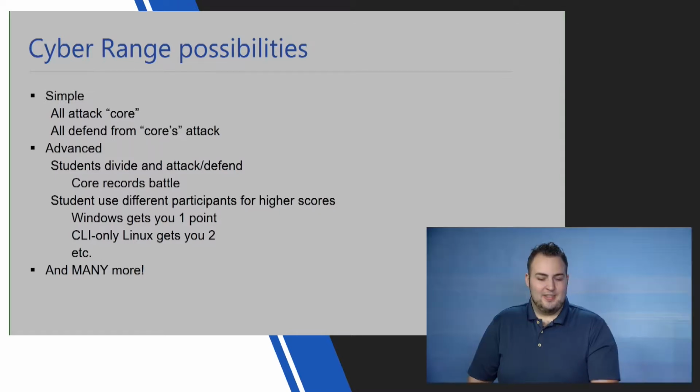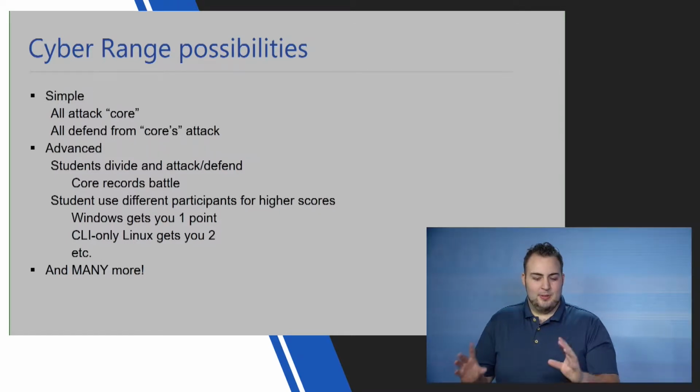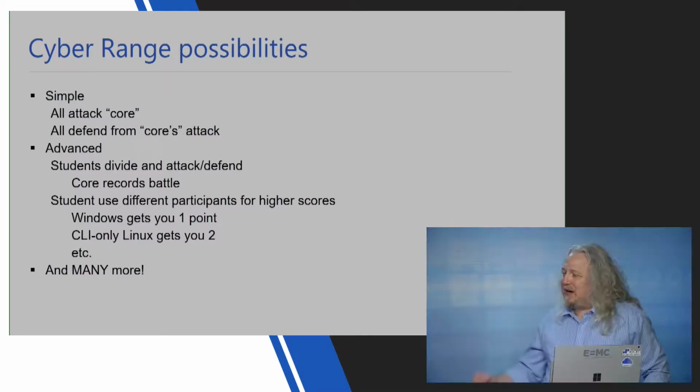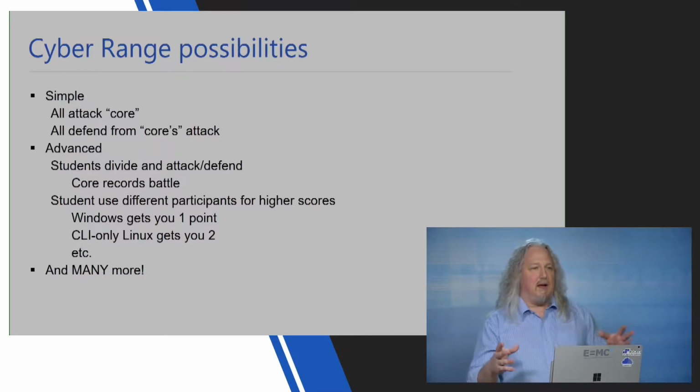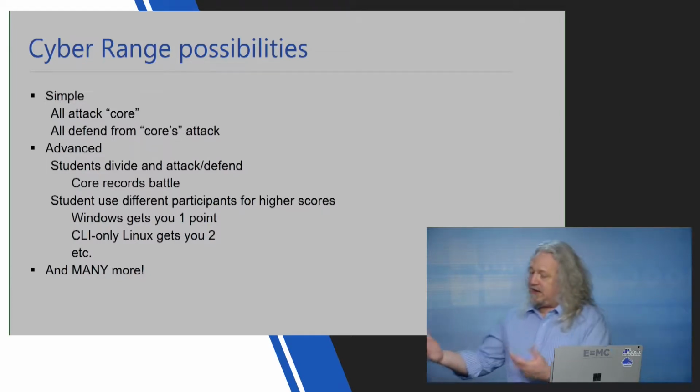Oh, Brian, real quick on that note, so we can have a red and a blue team, but what if we wanted to have a third team, like a green team? Can we do that? Absolutely. You can have as many different kinds of participants. So let's give an example. You could do a Windows 10 participant and a Kali Linux participant and a Windows Server participant. And each one of those, let's say the Windows 10 is red, the Kali Linux is blue, and the server is green.